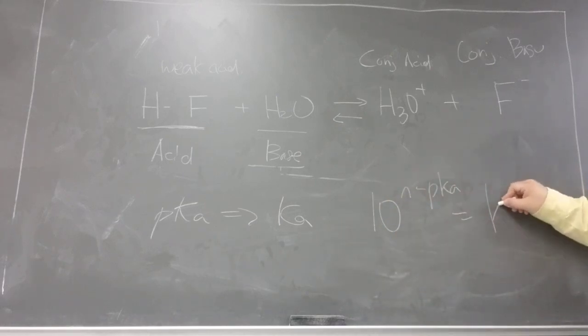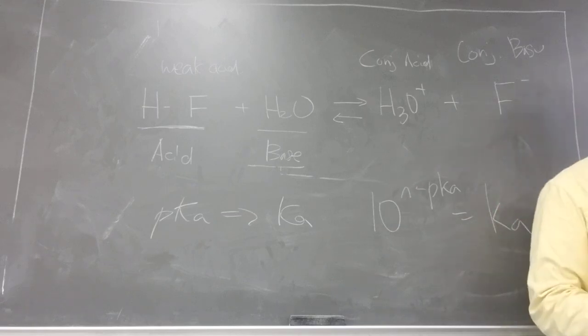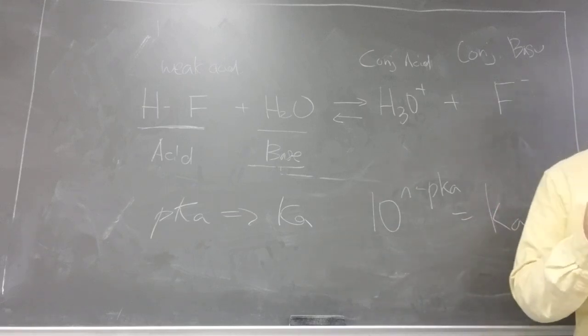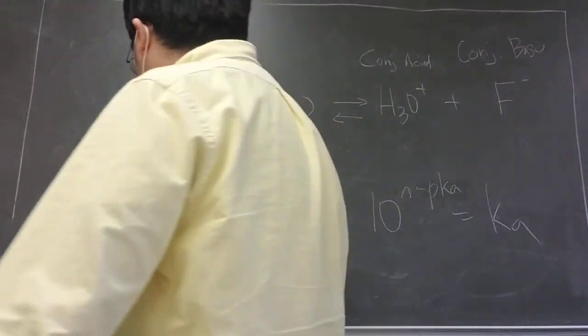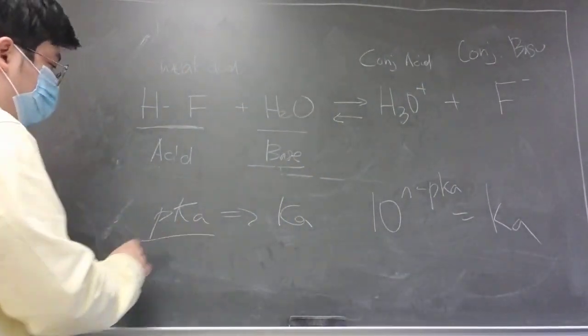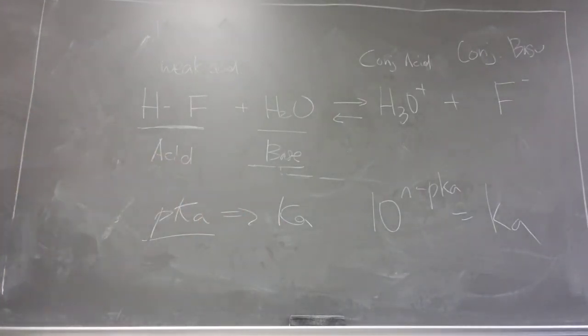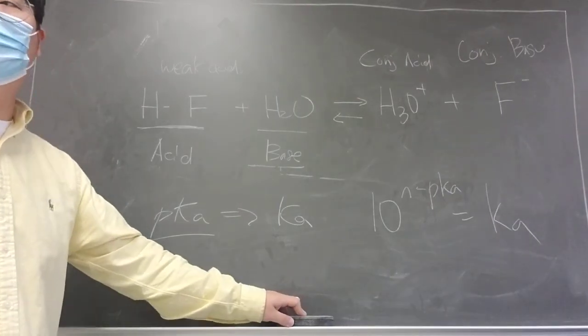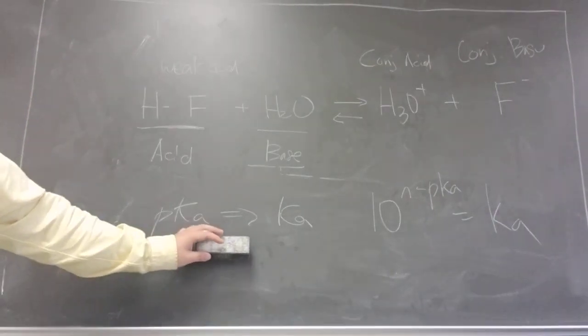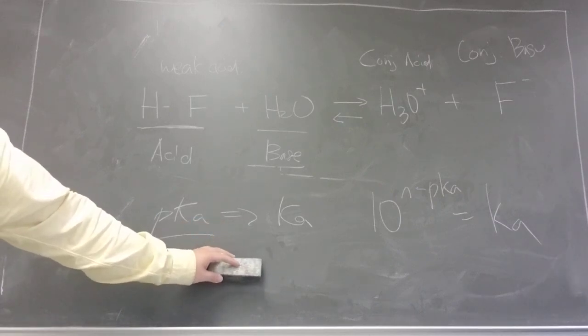That will be your Ka. So either way, you put in the Ka to get pKa, or you can get the number for pKa in the question and put it into the Ka value. So I think it's quite an easy calculation problem you may see on the exam. I'm not going to spend more time on this. It's pretty much that's it.